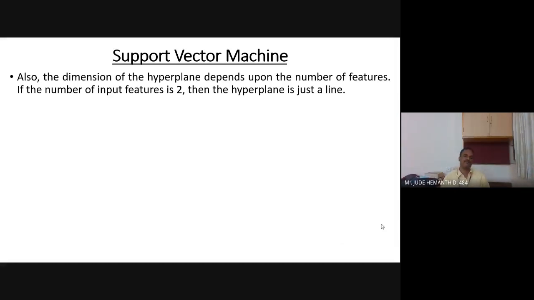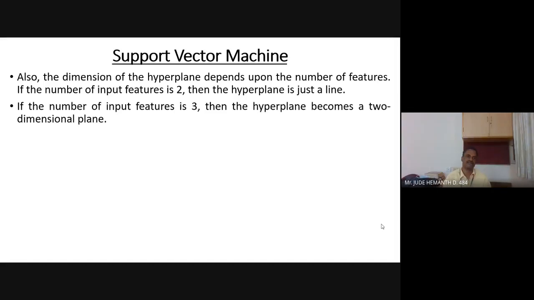If the number of input features is 2, then the hyperplane is just a line. That means the hyperplane is always one dimension less than the overall dimension of the system. That we call a hyperplane. If it is a plane, the number of features and the number of hypotheses are going to be the same. But when we say hyperplane, it is one less than the original dimension. If the number of input features is 3, then the hyperplane becomes a 2-dimensional plane.